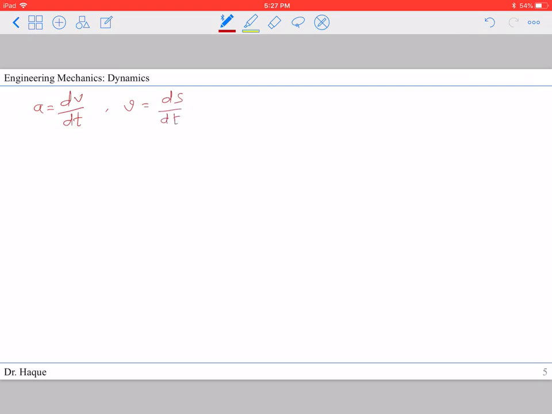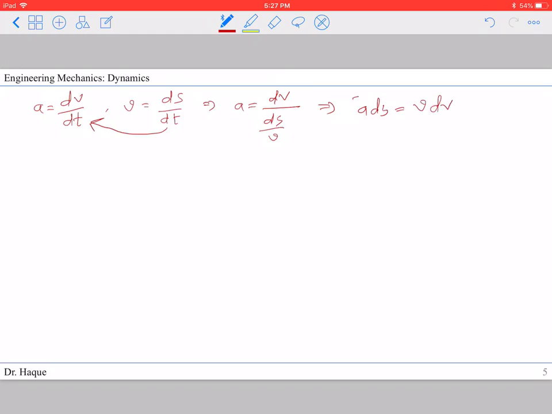Now if we simplify and plug the value of dt here, we get acceleration a equals dv, and for dt we get ds over v. So this gives us a ds equals v dv.